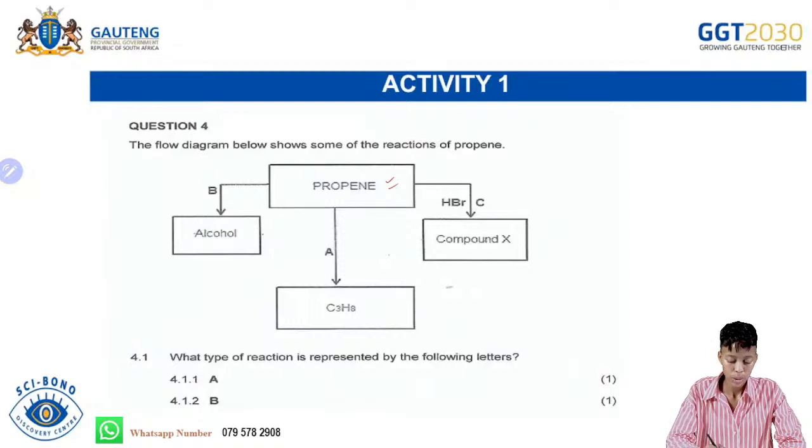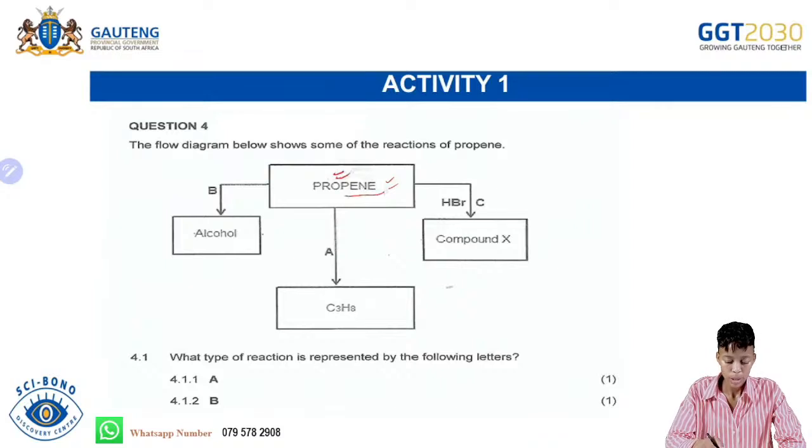So if we have propene, we already know that, because the homologous series of propene is alkenes, propene will have double bonds.